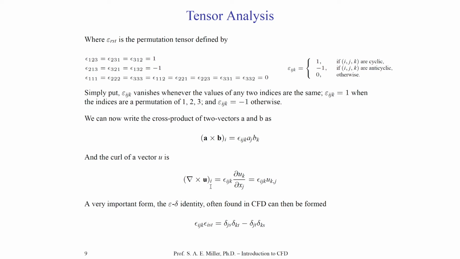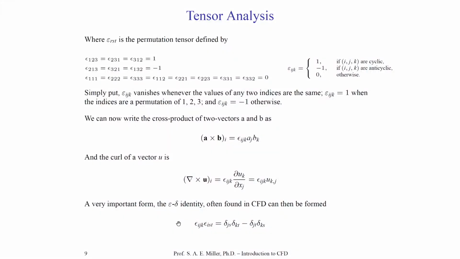Remember, the curl operation of a vector u is a vector itself. So i represents the component of the vector, which can be seen on the right-hand side of the index form of the equation. Now that we have the permutation tensor and the Kronecker delta function defined, we can see how they are related, which is often used in CFD.